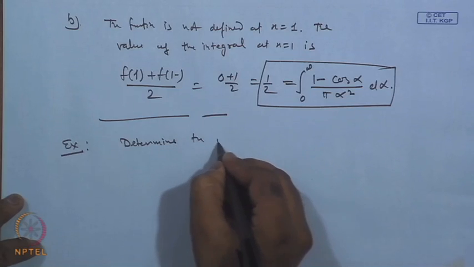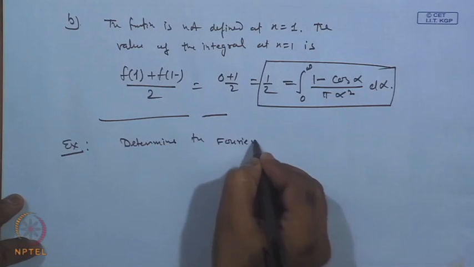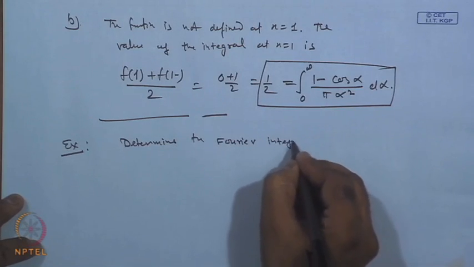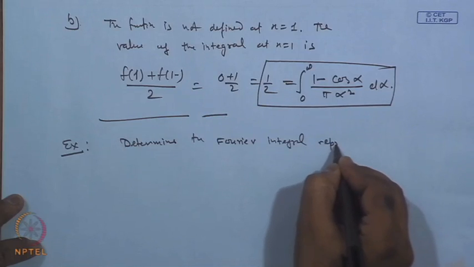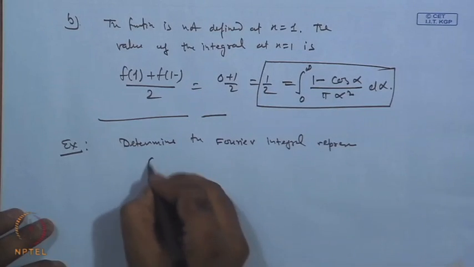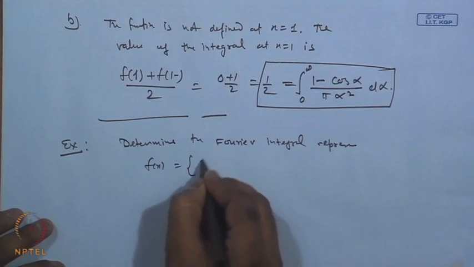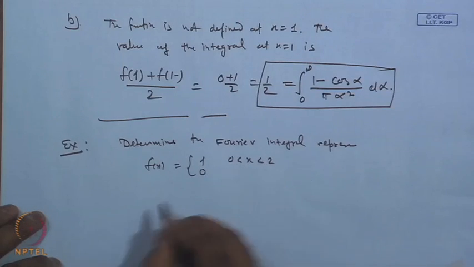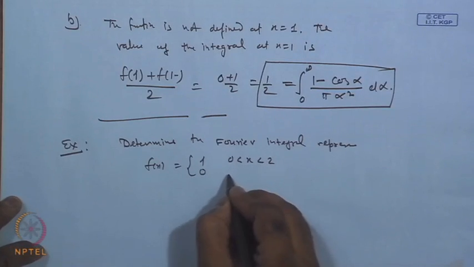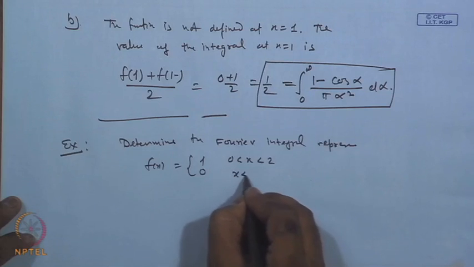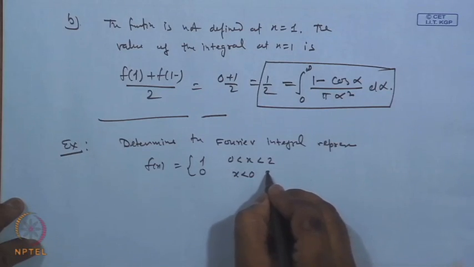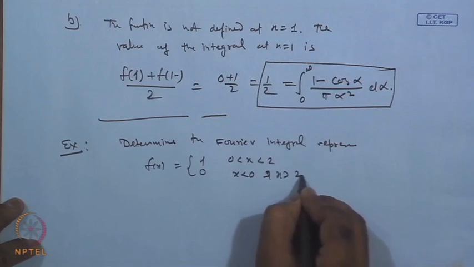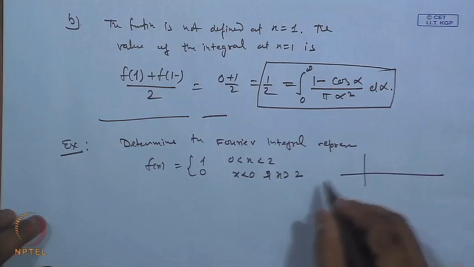Determine the Fourier integral representing this function f(x): 1 when x is between 0 and 2, and when x is less than 0 or x is greater than 2, it is 0.